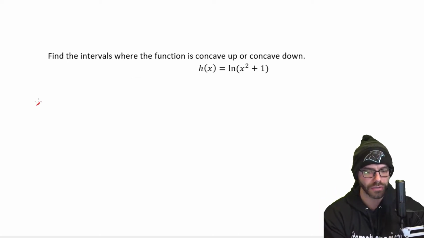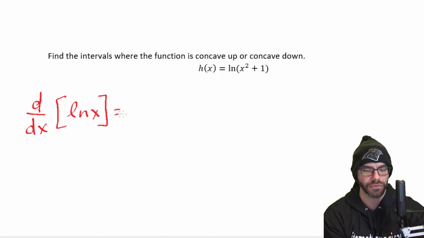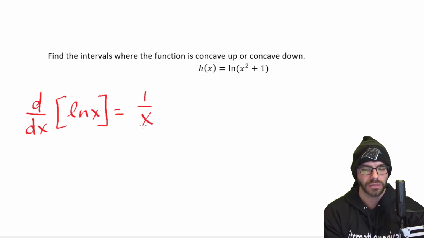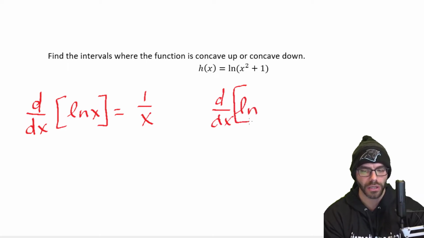So the derivative of a natural log function, let's just say ln of x by itself, is 1 over x. However, notice the argument here is x squared plus 1. So the derivative with respect to x of natural log of u is going to be 1 over u times du over dx.